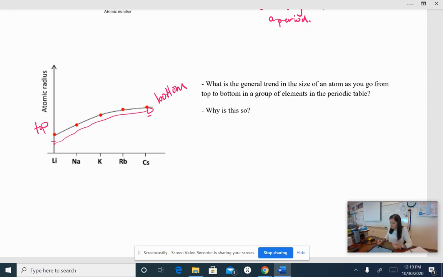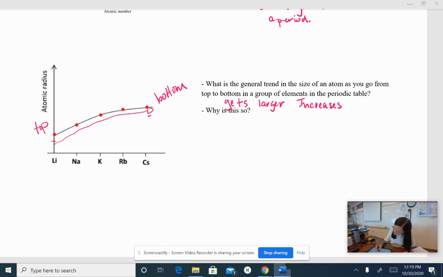It gets larger, or increases. Why do you think it gets larger? Why does it increase as we go from the top to the bottom of the periodic table?